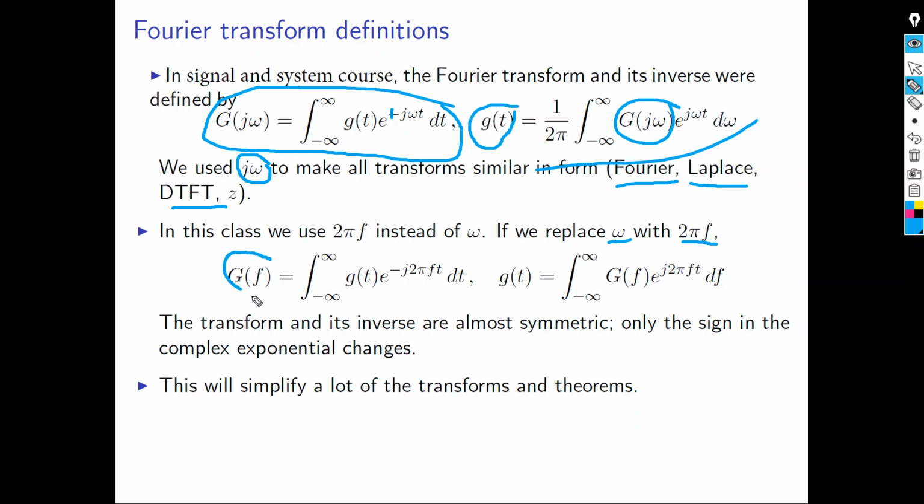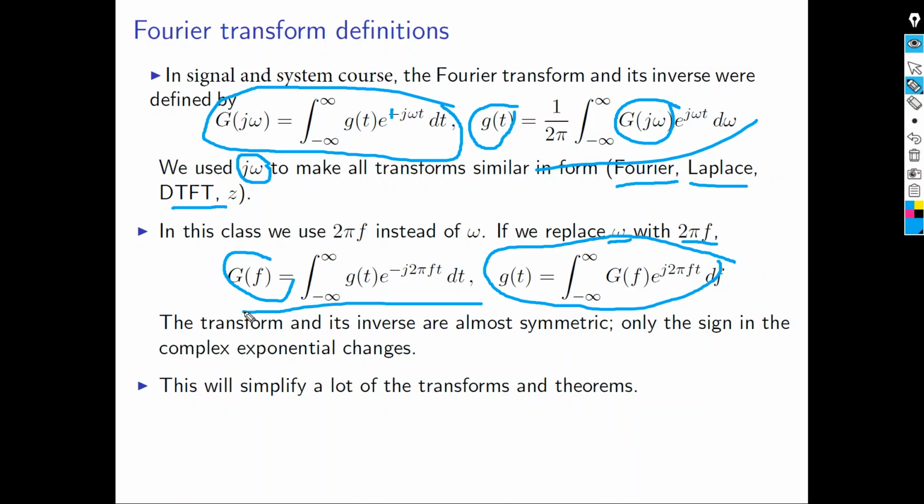So accordingly, we don't have jw, we have G of f, which is equal to the integration of g of t e to minus j 2 pi f t, integration over dt. And if I ask you find g of t, you just change the minus to plus, and you put the frequency domain function here. The transform and its inverse are almost symmetric, only the sign in the complex exponential changes. Yes, symmetric, almost the same.